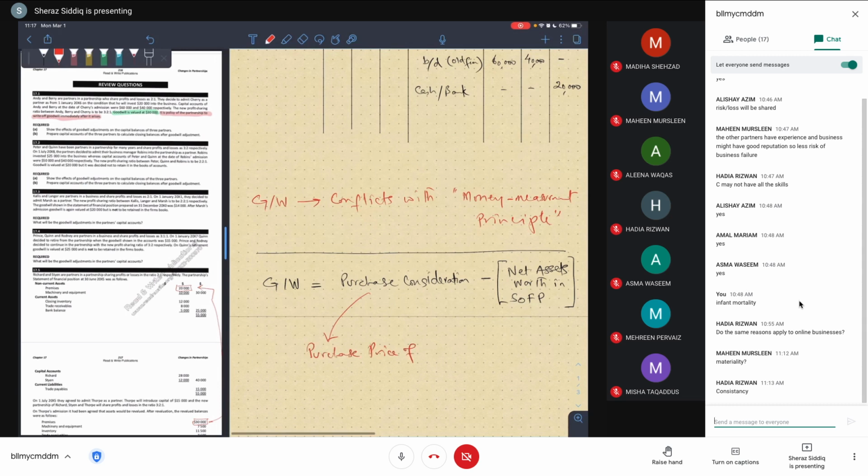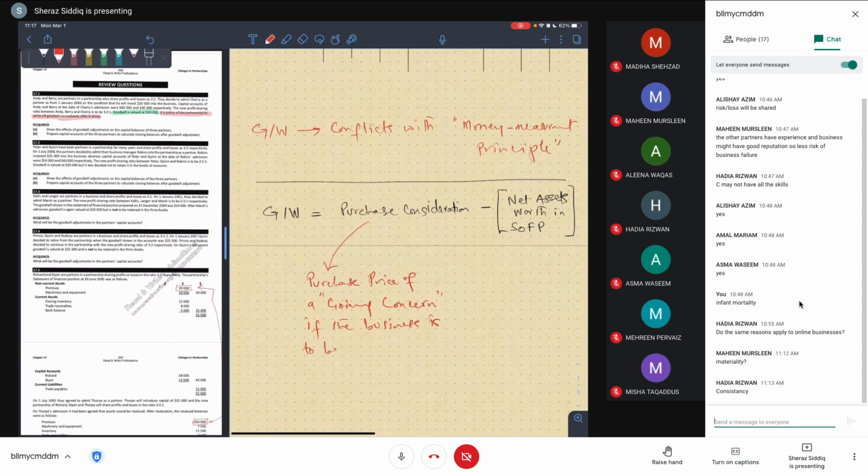of a going concern if the business is to be sold in its running condition to an interested buyer.